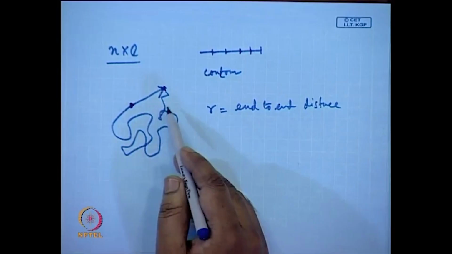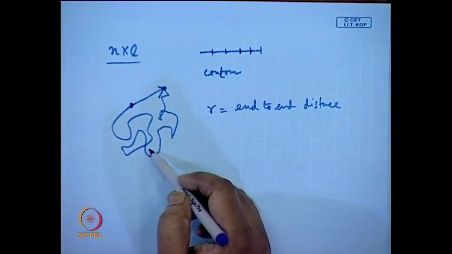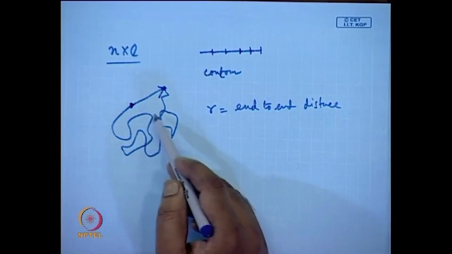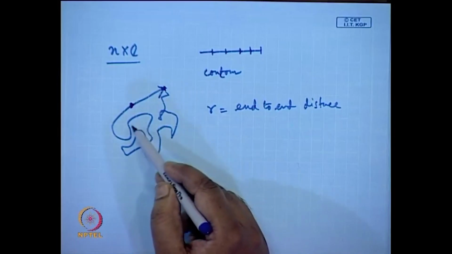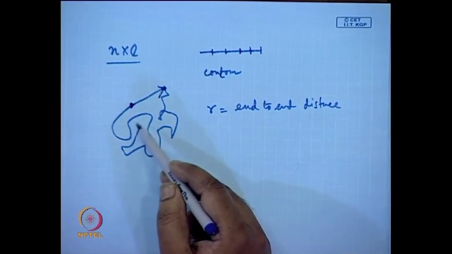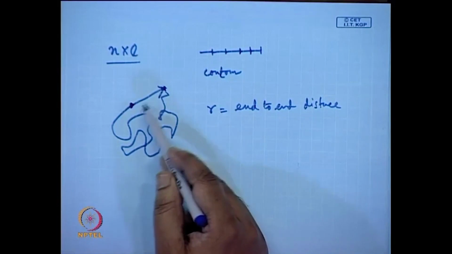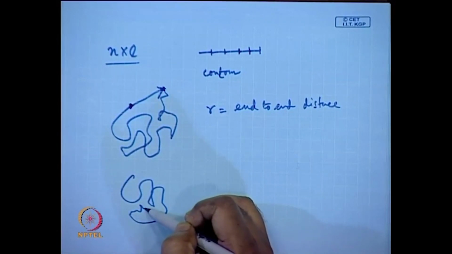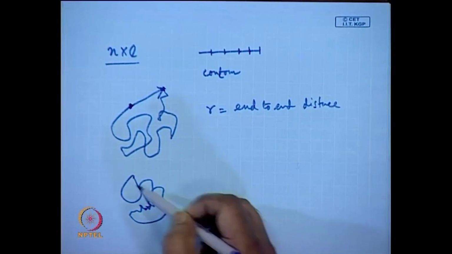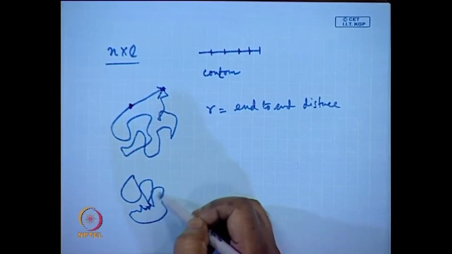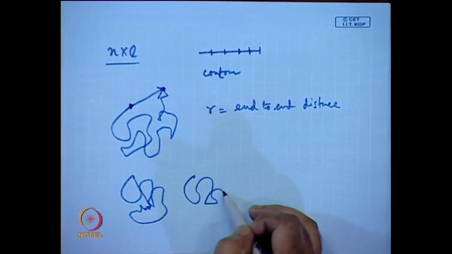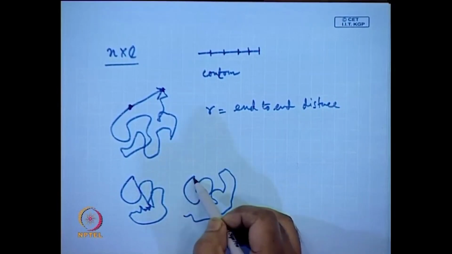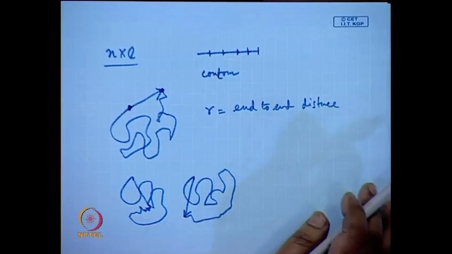Now, is this polymer conformation fixed? No, it is not fixed, because there is continuous rotation across the single bond. So, you may have one now, and immediately the next moment you may have this, where the ends are this far apart, or the next moment you can have something like this, where the ends are like this.